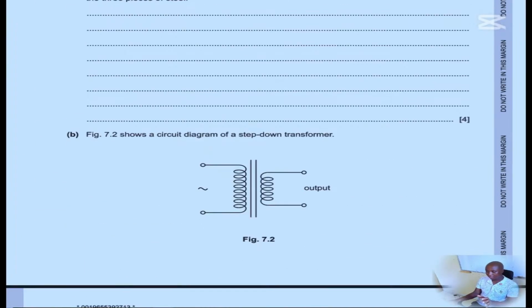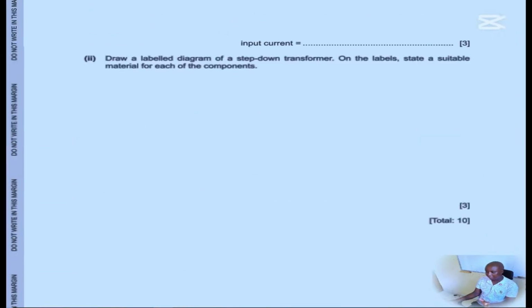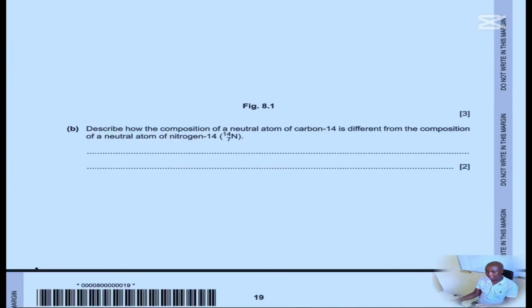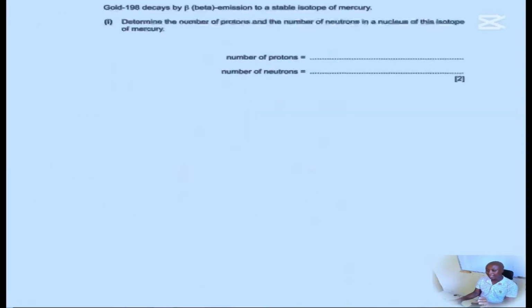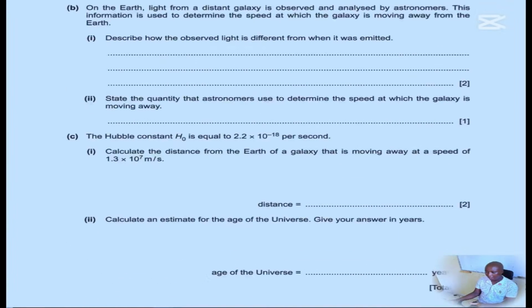You can also check on transformers, step-up transformers and step-down transformers. You need to understand radioactivity, and how you can use such graphs to work out half-lives. And then finally, we shall talk about space physics. So those are the key areas, the main concepts that you need to know as far as the May June exam is concerned.